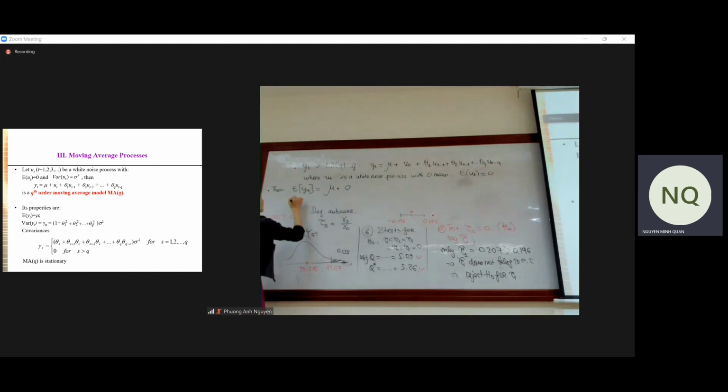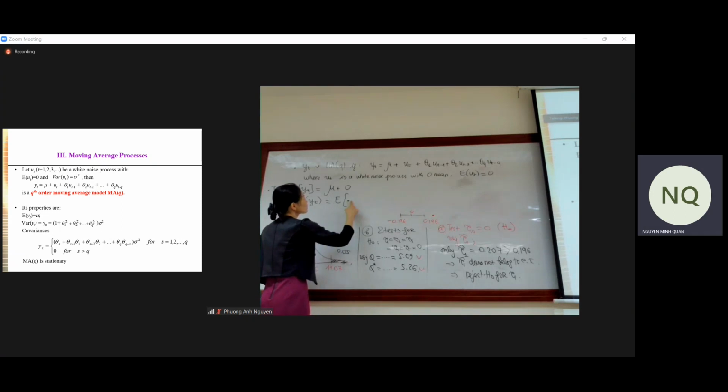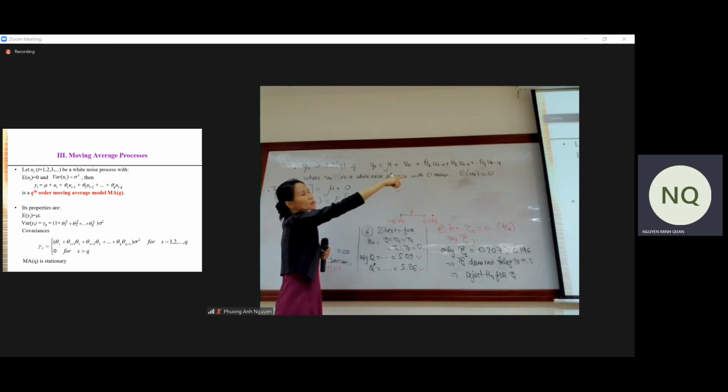Next, the variance of Y_t. After knowing the mean mu, the expectation of (Y_t minus mu) squared: Y_t minus mu gives u_t plus the next terms.